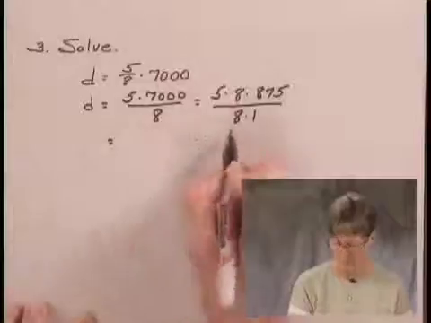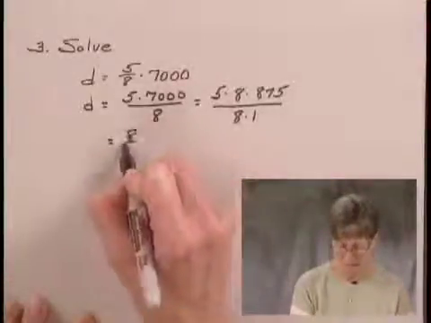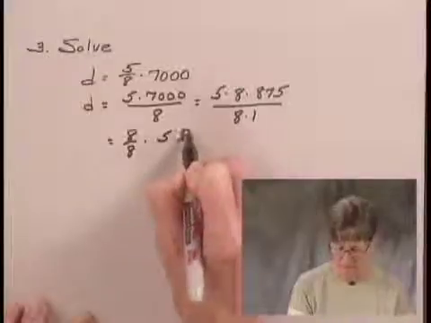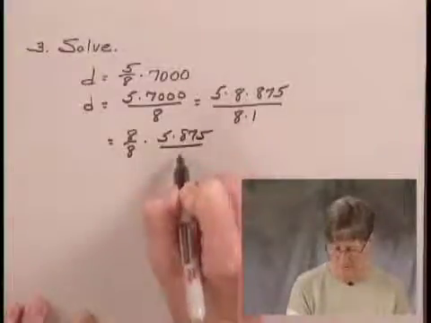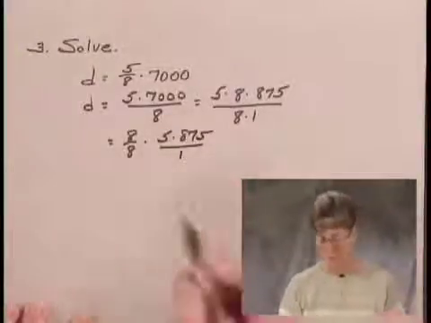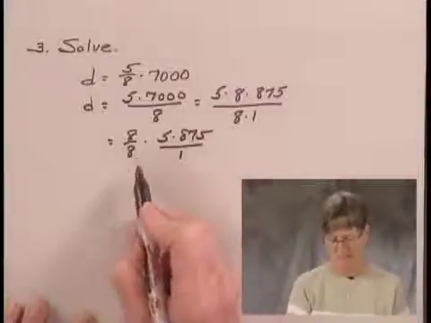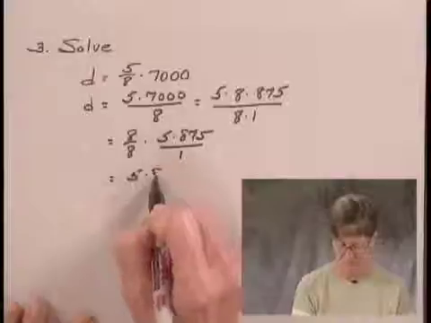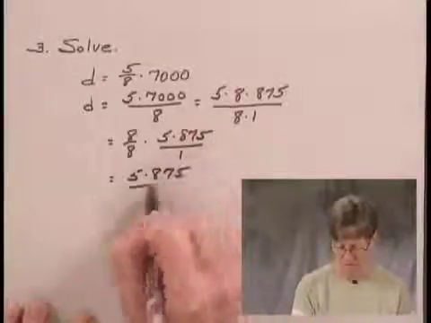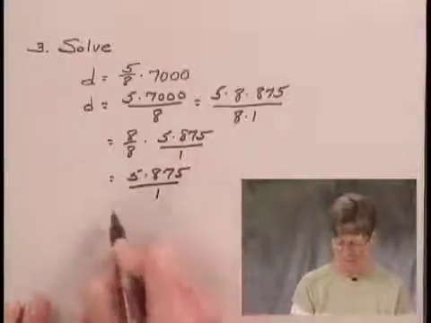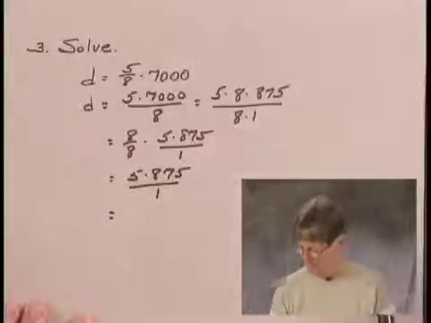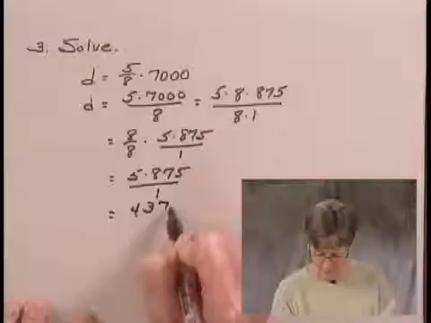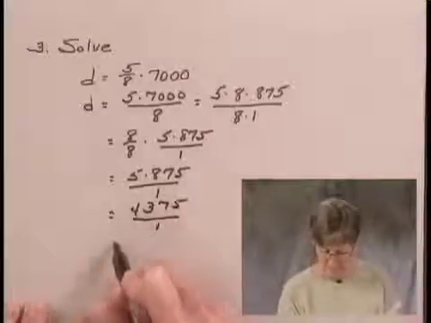So I can write this as a product, 8 over 8 times 5 times 875 over 1. 8 over 8 is equal to 1, so I have 1 times this number, 5 times 875 over 1. And when I do that multiplication, I get 4,375 over 1, or just 4,375.